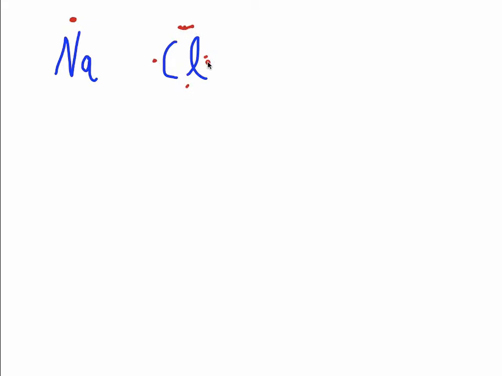So here, what we would do is we would take Na, and we take Cl, 1, 2, 3, 4, 5, 6, 7. I'm going to circle these. Okay. And now we can see that this needs 1, and this has 1 to give. So there we're going to have the transfer of electrons.